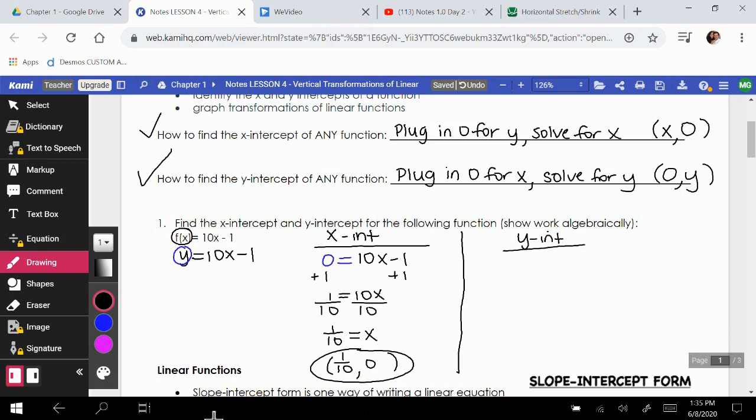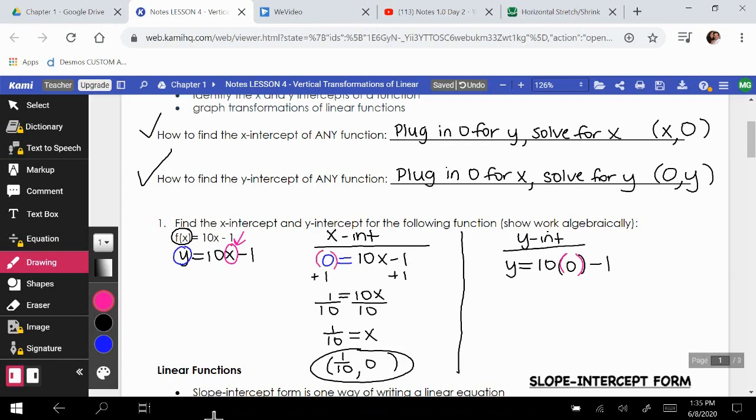To find the y-intercept, we plug in 0 for x. So this time, I'm going to be replacing x with 0. So I'll have y equals 10 times, instead of x, I'm going to plug in 0, minus 1. Notice anytime I plug in, it's just good practice to put parentheses around whatever you're replacing.